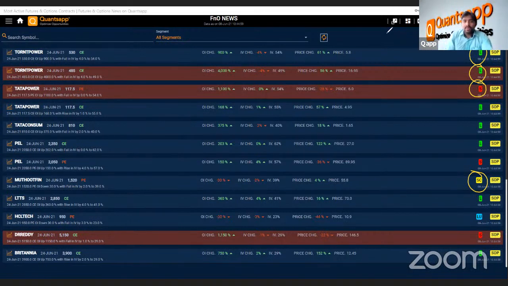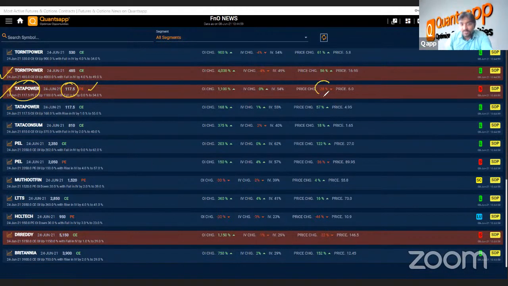Now, you might be observing that a few rows have blue color and a few have red. These red ones are much more to look for. Like if you check Tata Power, you can see the 117.5 put option.